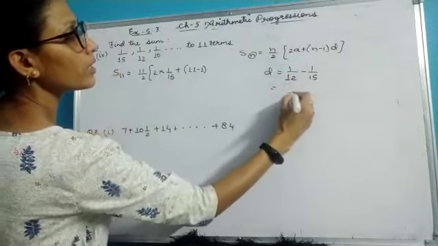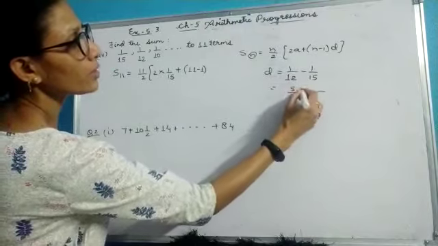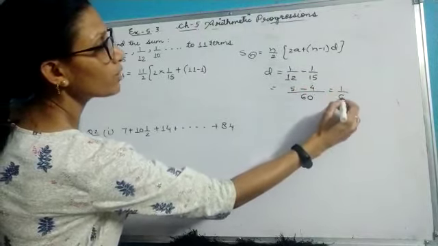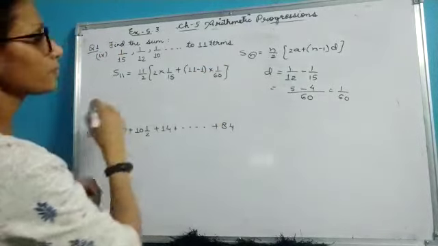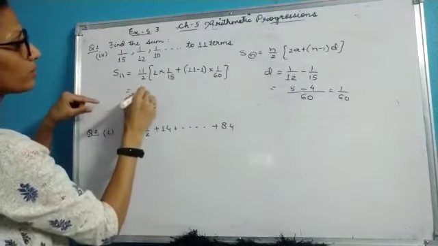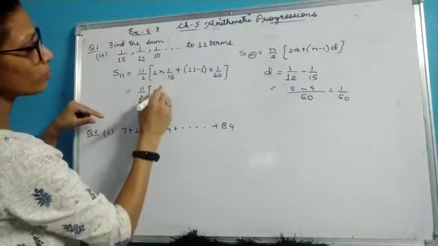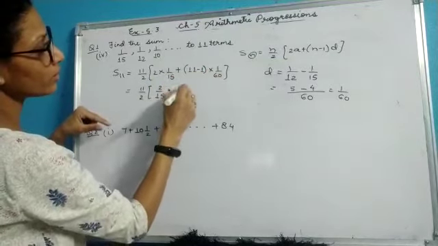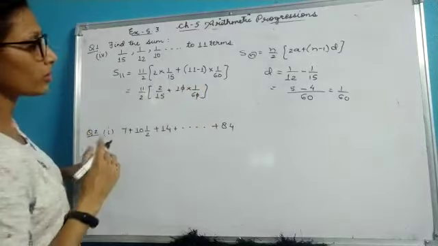So I'll be taking LCM, so it will be 60. 12 5s are and 12 4s are, so this is coming out to be 1 by 60. So your d is 1 by 60. Now I have to just simplify it. 11 by 2 into, 2 into 1 is 2 by 15 plus 10 into 1 by 60. So here I will be getting the zeros cancelled.